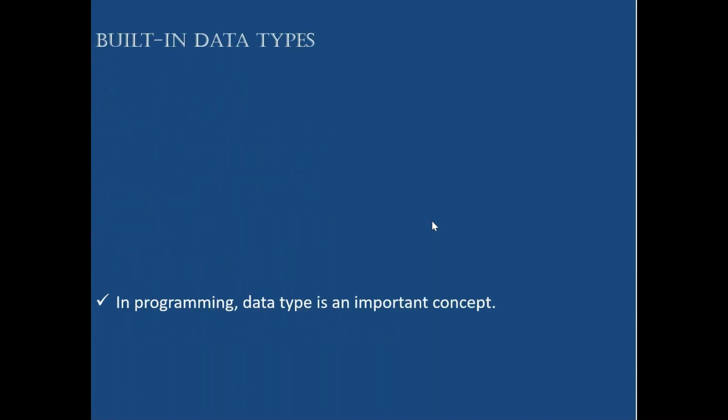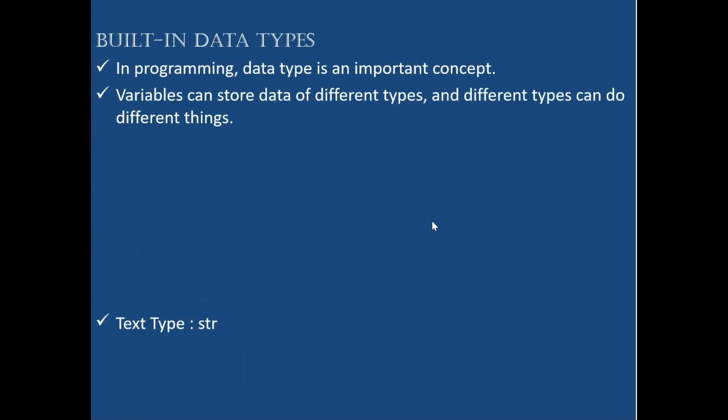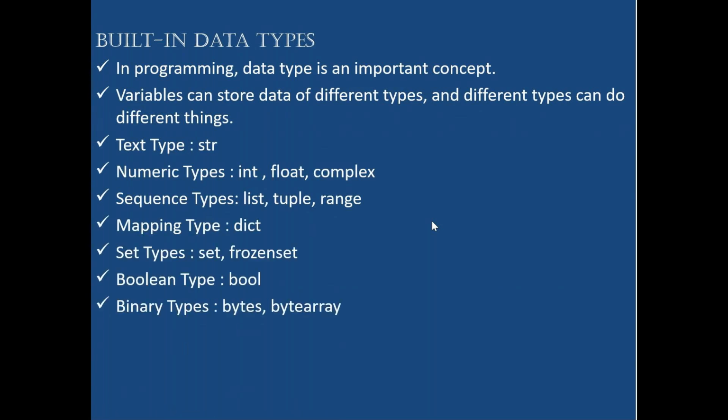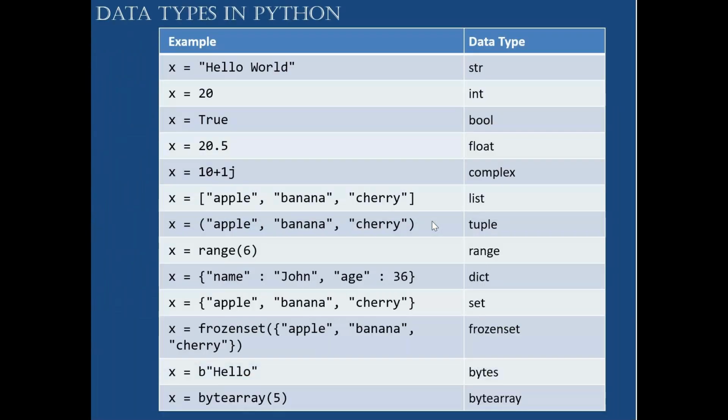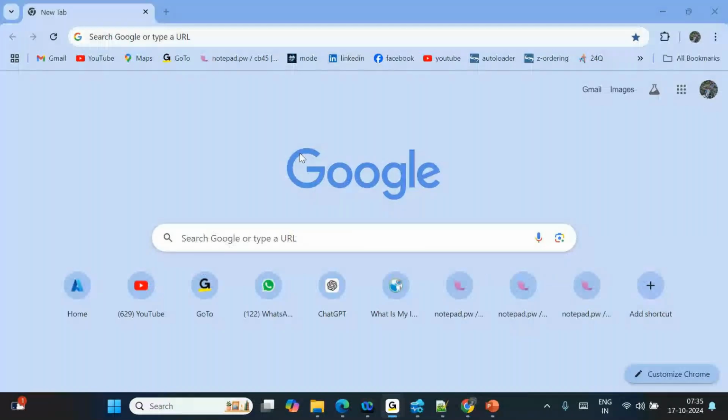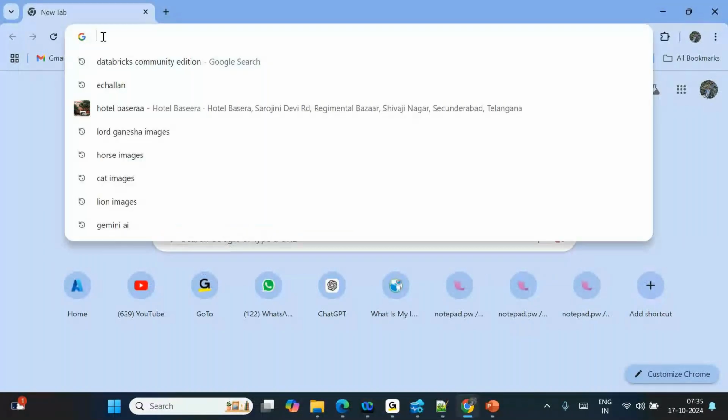Okay. I don't want to show all these things again, because we have already discussed these things. So the text type, numeric type, sequence, mapping, set type, boolean type, binary types. So data types in Python. The first important thing is string, right? So we will deep dive into that string data type today. I have slides, but if we go through the slides, it is a waste of time.